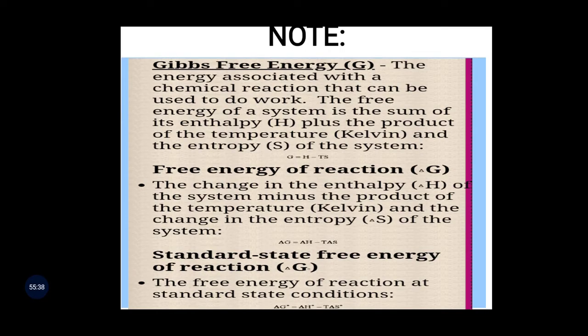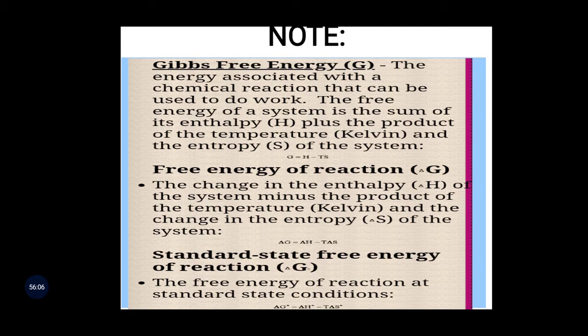So finally, in conclusion, I want you to note that Gibbs free energy is the energy associated with a chemical reaction that can be used to do work. The free energy of a system is the sum of its enthalpy plus the product of the temperature in Kelvin and the entropy change of the system.